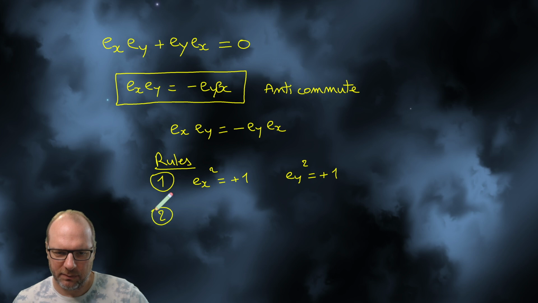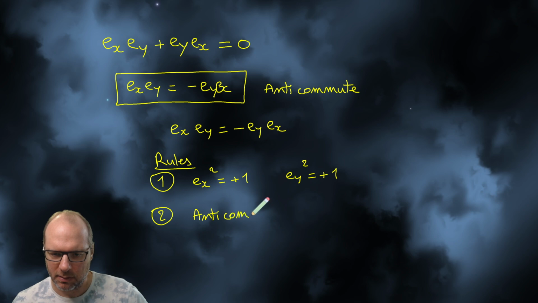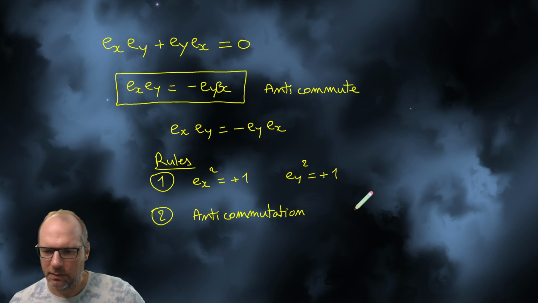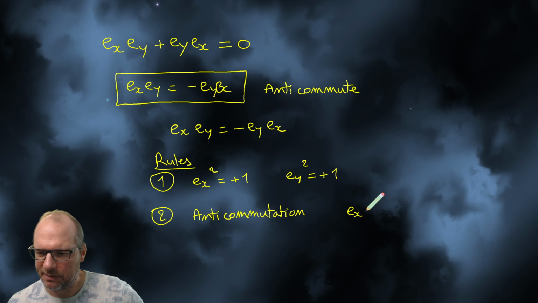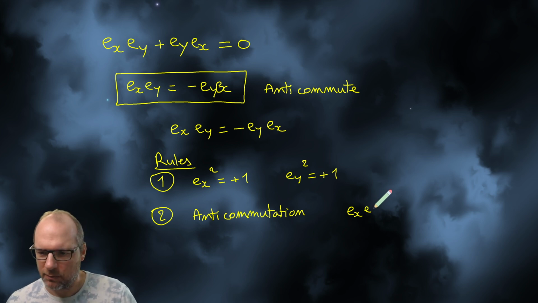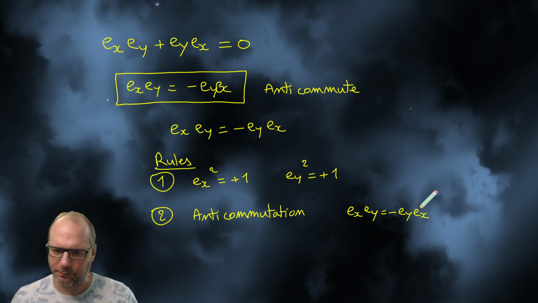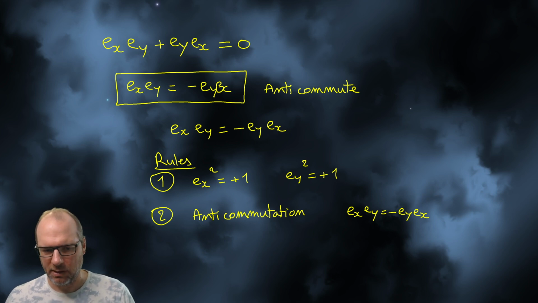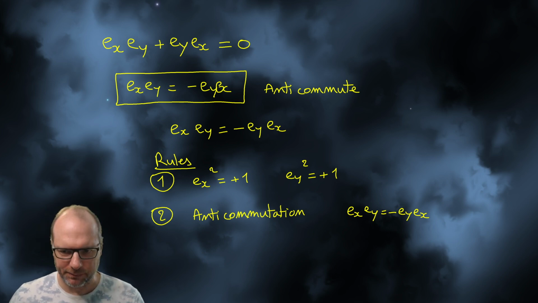And the second rule is anti-commutation: e sub x e sub y equals minus e sub y e sub x. And with these rules, we can calculate everything in the algebra. We can multiply everything.